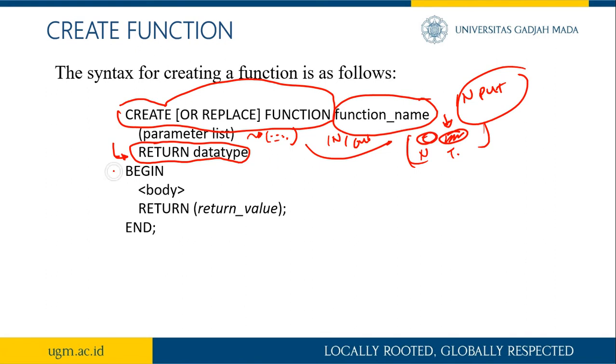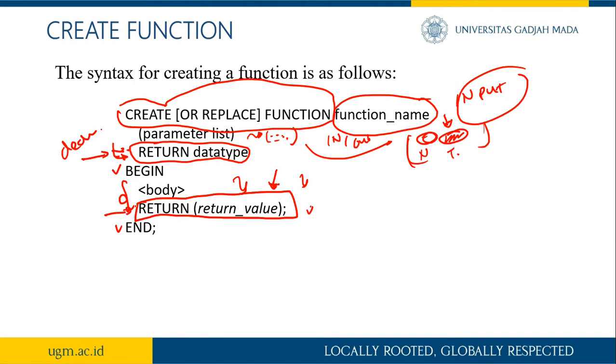And as always, start with begin and end, with the body or the content of your function, and don't forget to return the values. Write here the object that you are going to return. This line only declares the data type of your return value, but in the later line you have to return the value.